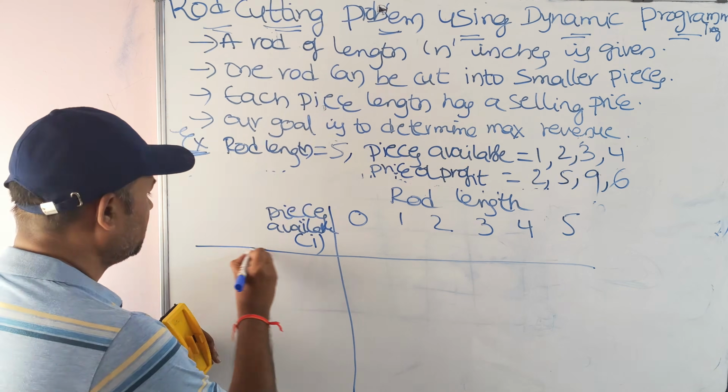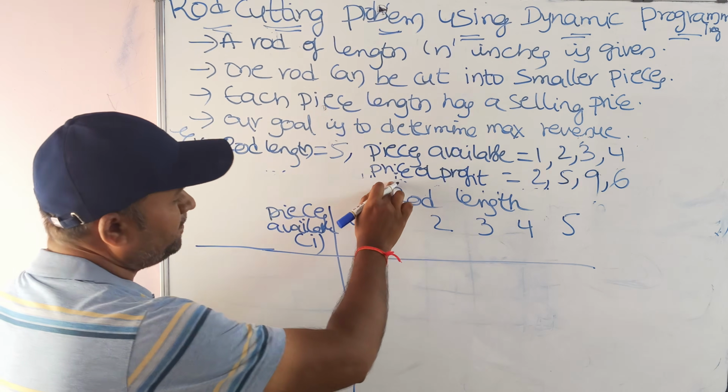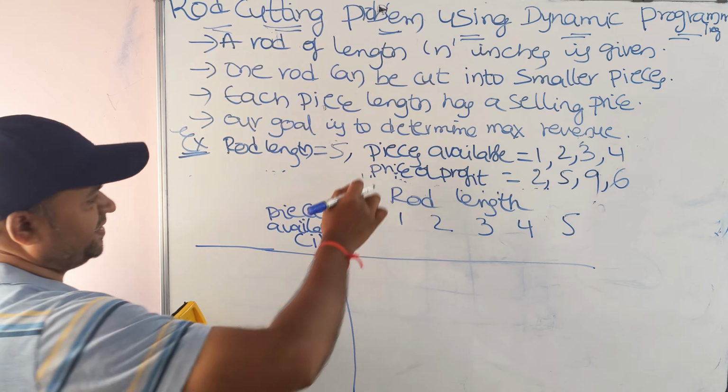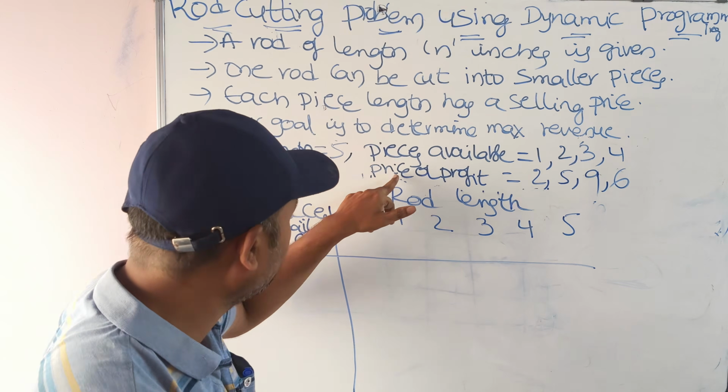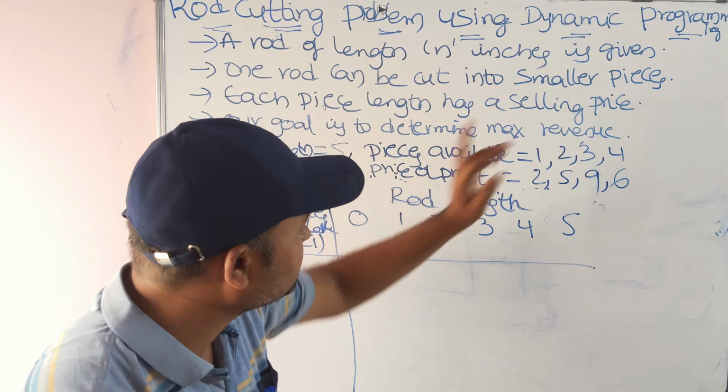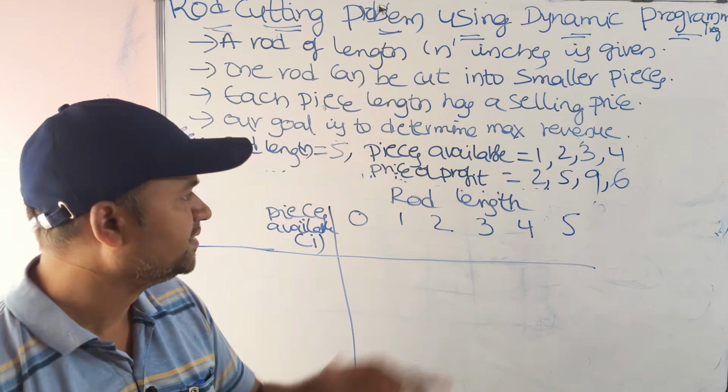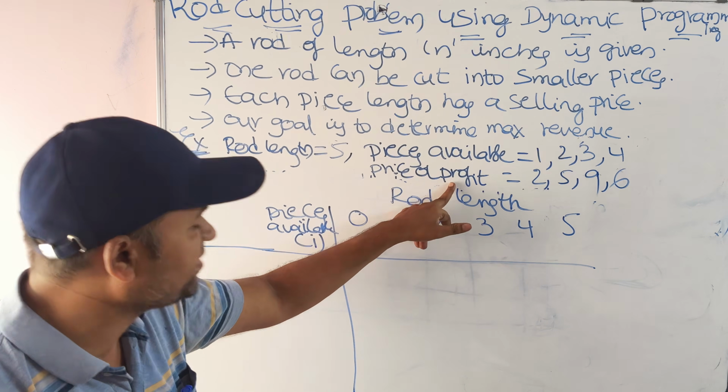Next, for the pieces, the price or profit is given. If we sell the corresponding piece, then we will get this profit.